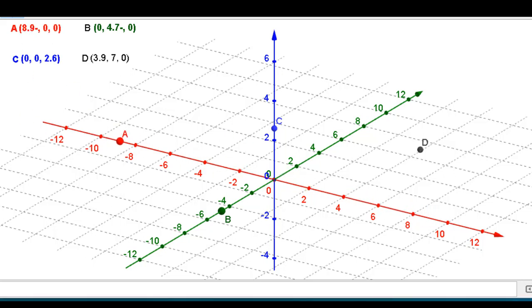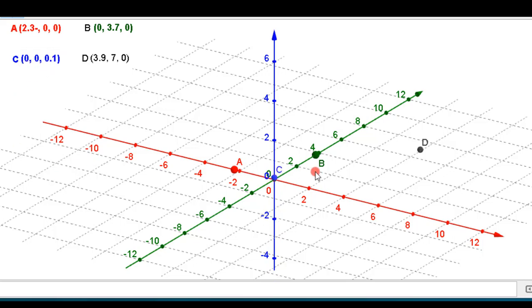It moves on this abscissa axis, so it has as ordinate and elevation 0. Look at point B. Point B moves on the ordinate axis, so it has as abscissa and elevation 0. Look at point C. On the elevation axis, it has as abscissa and ordinate 0.